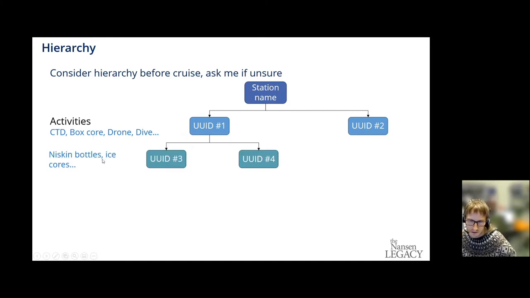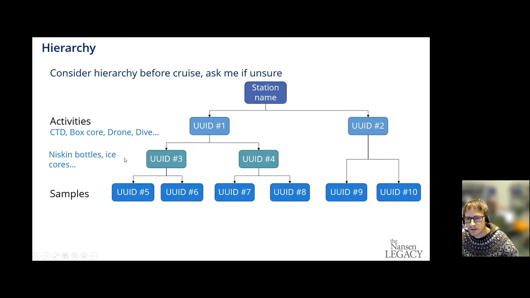Below that, you might have some extra gear that is bolted onto that. So if you have a CTD, you might have Niskin bottles. If the activity is an ice station, you might have some ice cores. I don't think that will be applicable in our case. And then you have samples. So this could be your water samples. It could be fish.